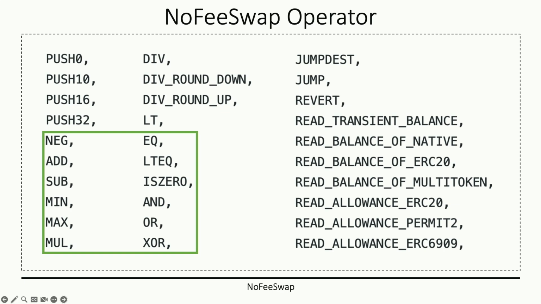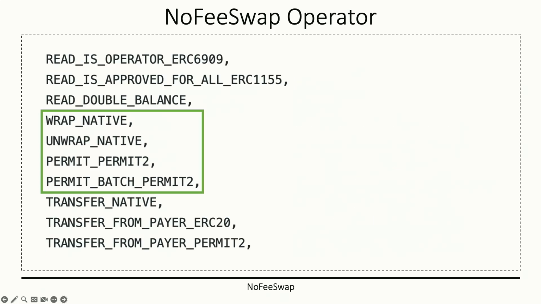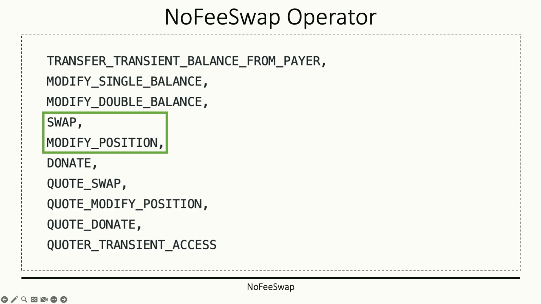It has its own memory, and it allows you to do all sorts of arithmetic and logic. You can tamper with its control sequence as well, have if conditions or even for loops. You can interact with other contracts such as wrapped ether and permit2. You can interact with token and multi-token contracts, so you can do some calculations based on the outcome.